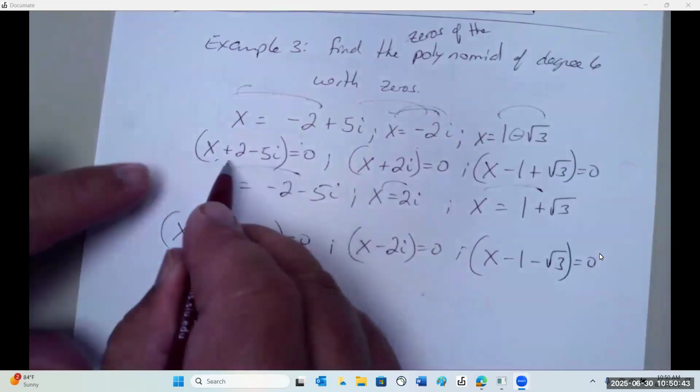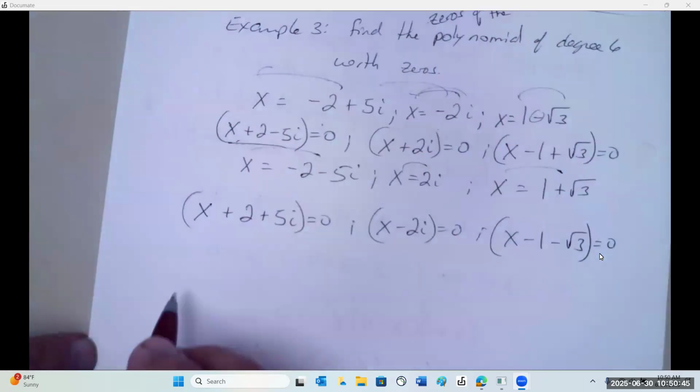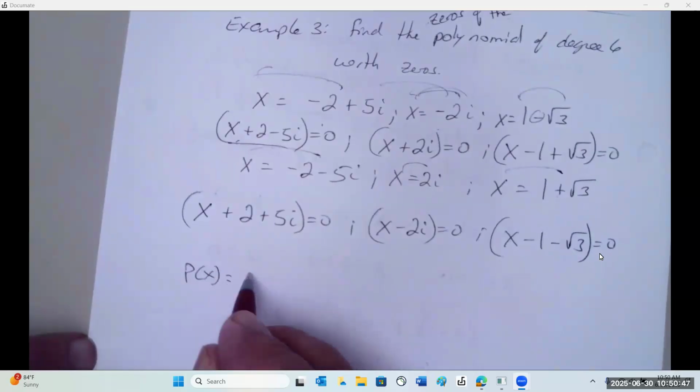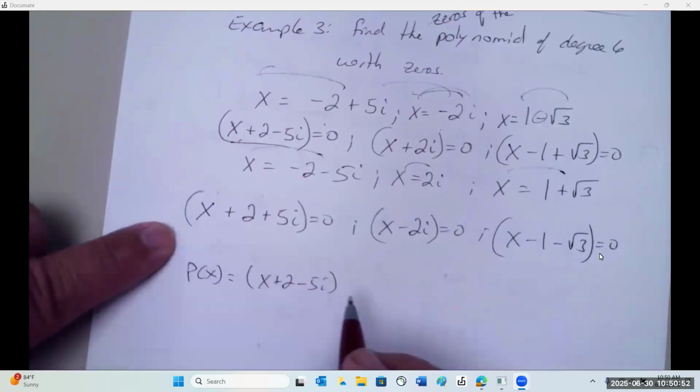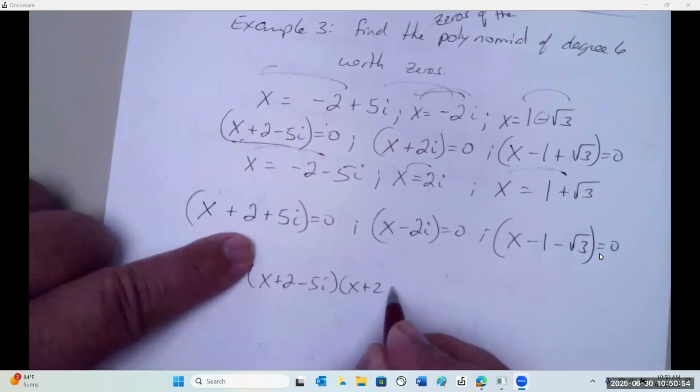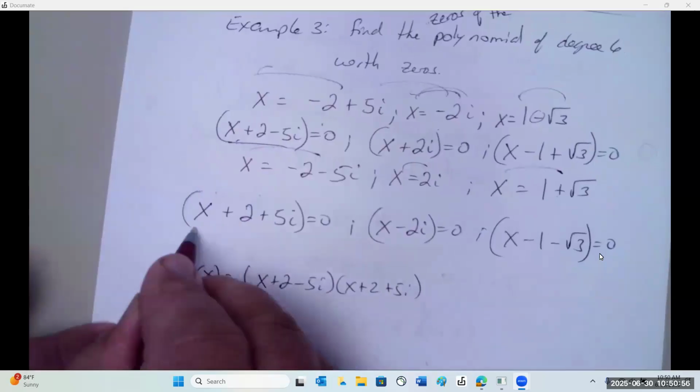Now, since it equals 0, my polynomial will look like this. X plus 2 minus 5i, then x plus 2 plus 5i. That takes care of both of those.